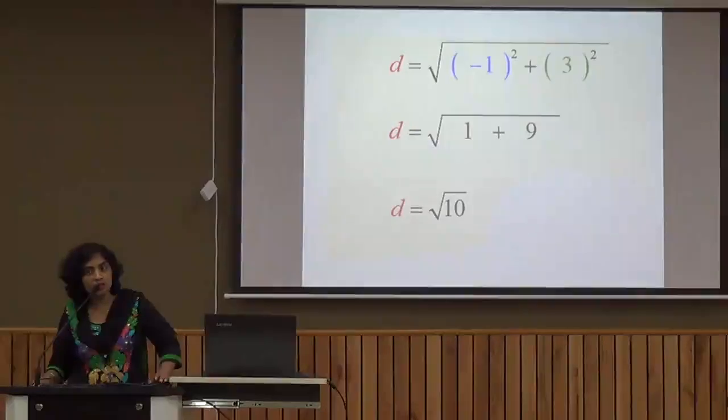So the distance between the two given points is square root 10 units.